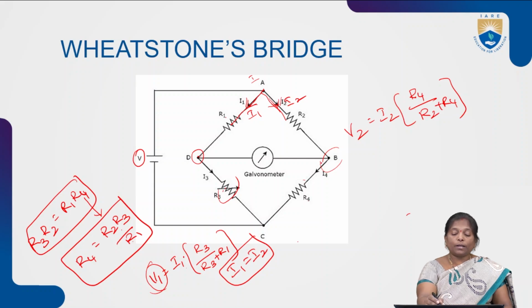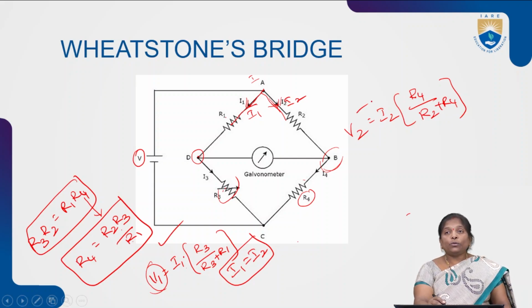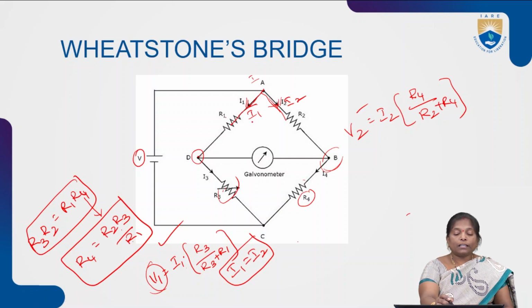Similarly, the potential at the point B is current I2 into the opposite resistance, which is R4, by the total resistance R2 plus R4. So V1 is this one and this is V2. But we know that as the current across the two arms is the same, I1 equal to I2, so we can conclude that V1 I1 equal to V2 into I2.